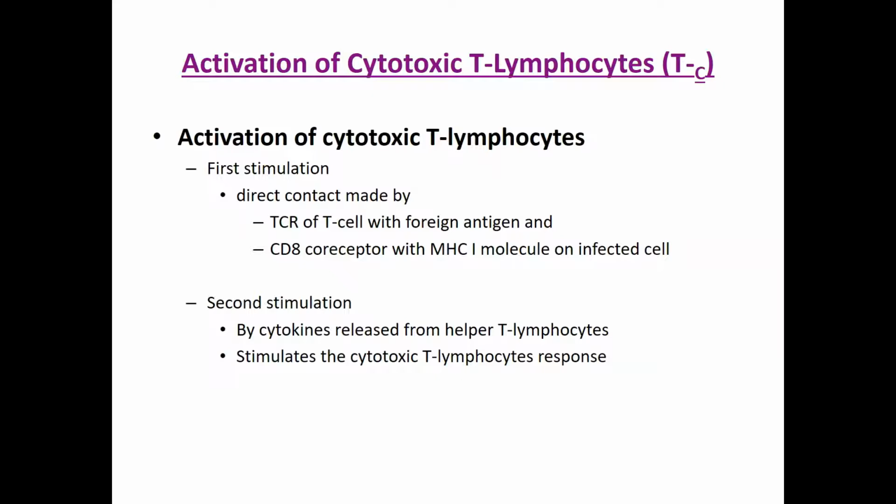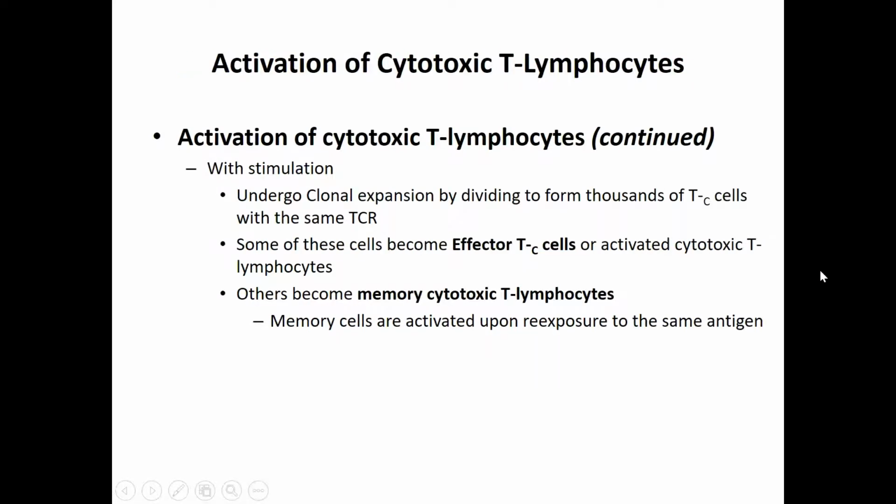They secrete cytokines, which are going to stimulate activated cytotoxic T cells to undergo rapid cell division during clonal expansion. Okay, first stimulus is binding to the foreign antigen. Second is stimulation by helper T cells. All right, after stimulation occurs, then like for both of the other two types of lymphocytes we've talked about, there's clonal expansion.